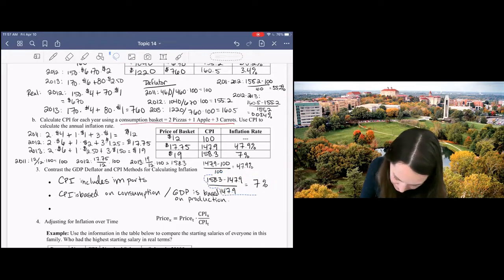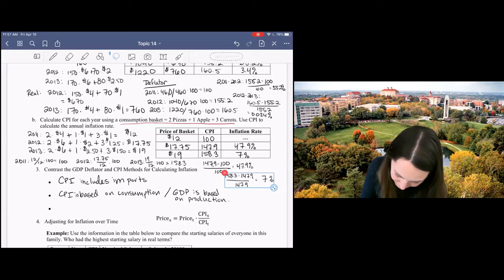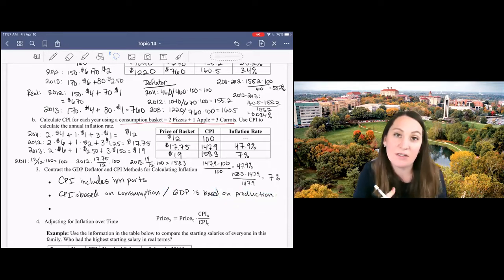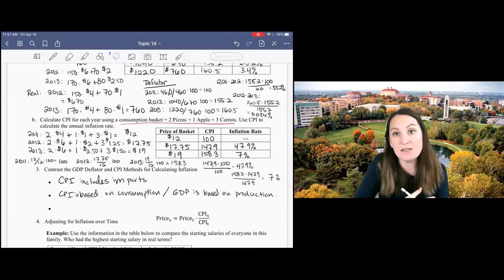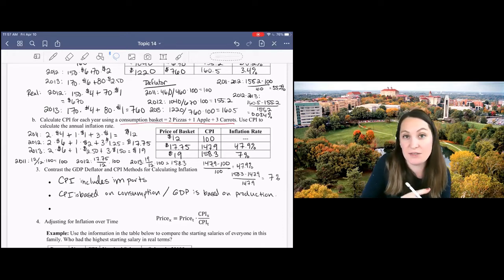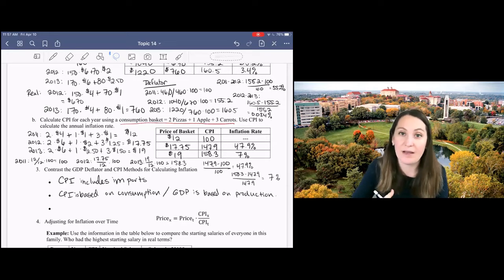I'll just move this out of the way here. Move this over here. Okay. So CPI is based on consumption, whereas GDP is based on production. And this is really just a question of what is it you are trying to measure? Are you trying to measure prices for consumers? Are you trying to measure the price of everything we're producing, right?